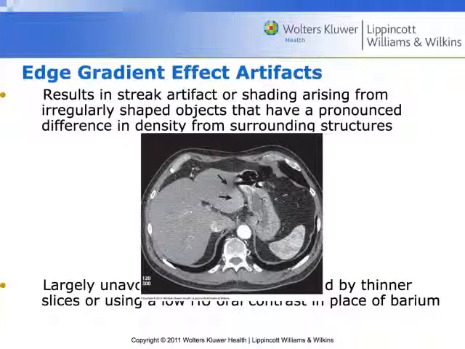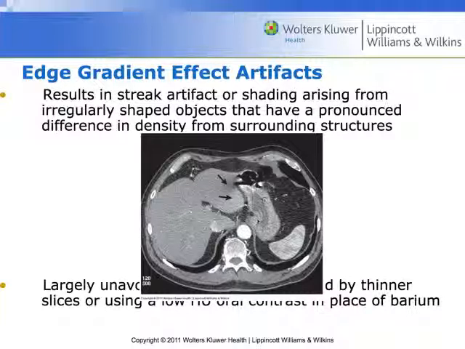Edge gradient artifacts, these can be difficult to detect, but a common place to look for them is in the air-filled stomach, because a lot of times we'll have some barium in that area, so it's attenuating a whole lot of photons. The air is not attenuating any photons, and then right next to it we have the liver, which is this massive kind of flat or uniform density.